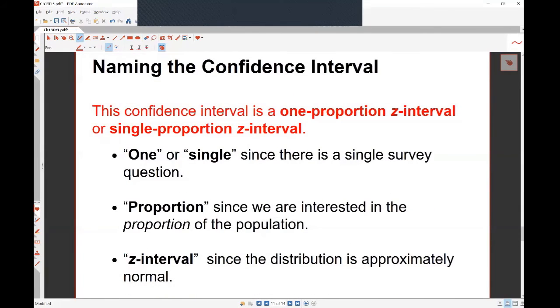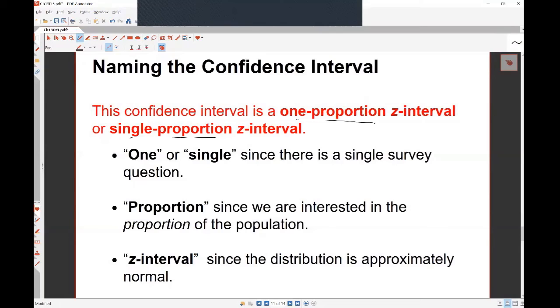Now, we are later on in this class going to look at other confidence intervals. So I think it's worth remembering that what we're doing at the moment, we talk about as a one proportion or a single proportion Z interval. The word one or the word single indicates to us that we're studying a single survey question.